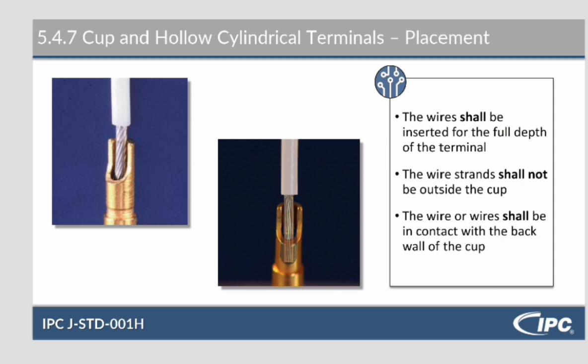Now this one is one of the few instances you'll see in the J standard where this is not a defect. It is a process indicator for class 2 and 3. It's acceptable for class 1. This one right here, the wire or wires shall be in contact with the back wall of the cup. It's actually A1P2P3.